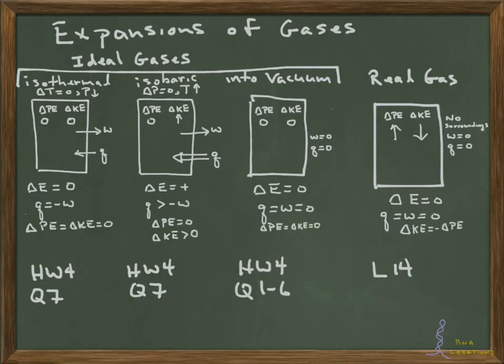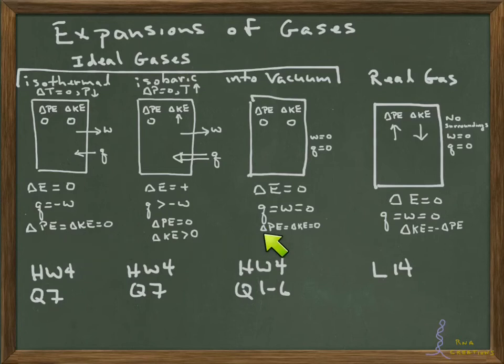So I've now summarized the delta PE and delta KE pieces that we've already discussed. I want to take a step back and consider what's going on in these 4 different cases. Situations 1, 3, and 4 are particularly interesting because delta E is equal to 0 in each of these, but it comes about for different reasons.